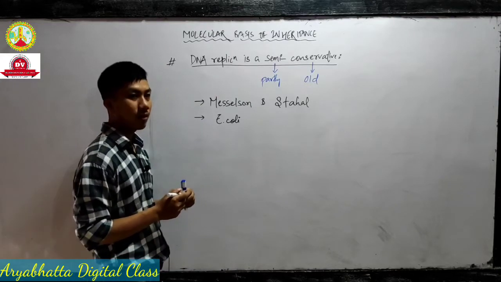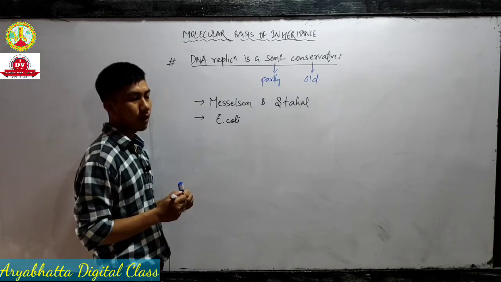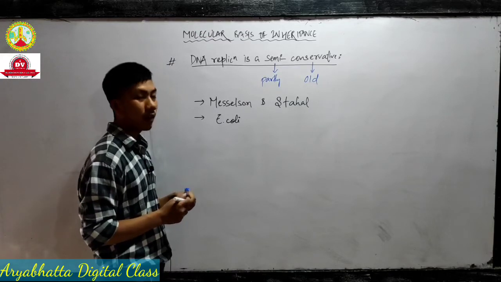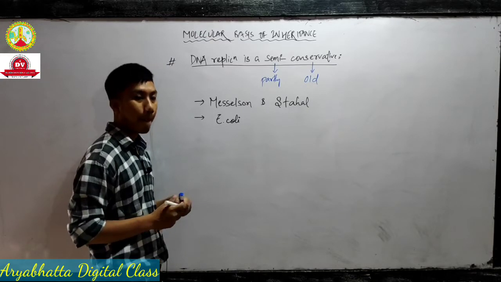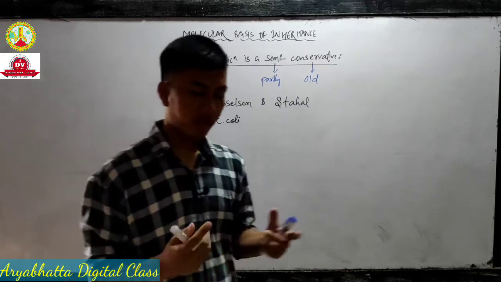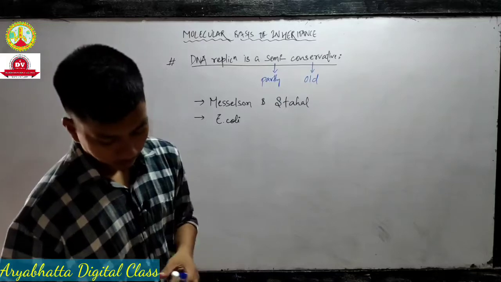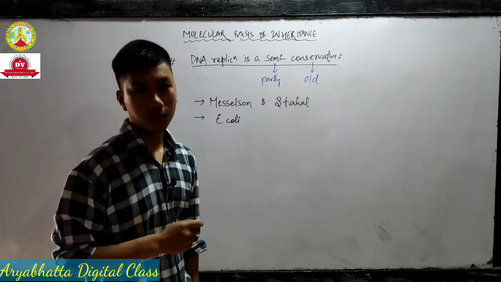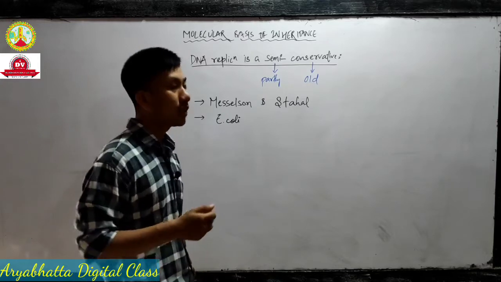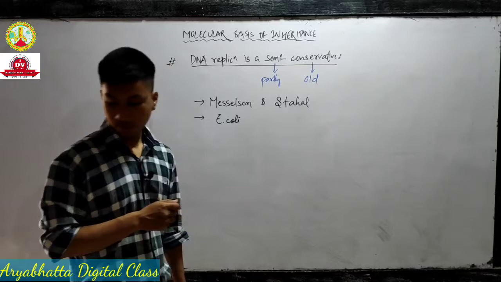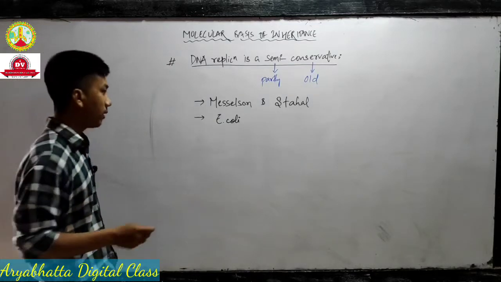Any scientist who does an experiment always uses E. coli bacteria. And you know, any bacteria, not only E. coli, divides every 20 minutes. Bacteria reproduce every 20 minutes. How fast they are.